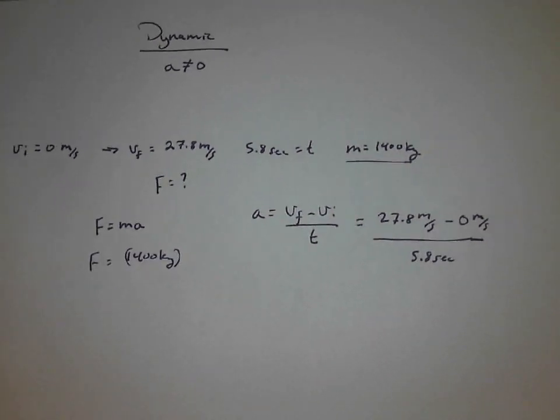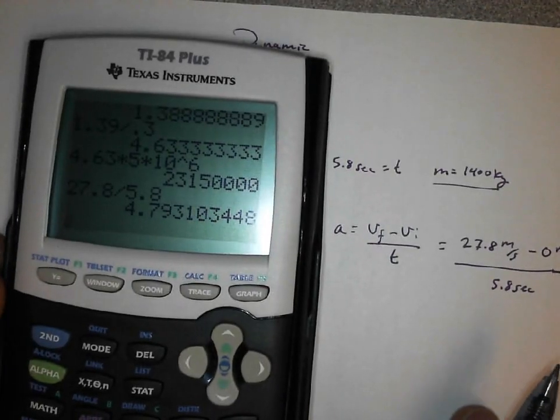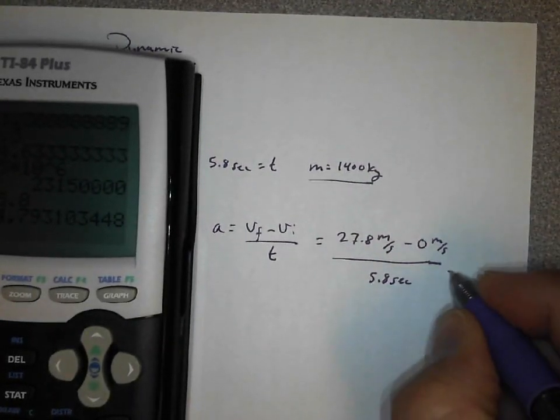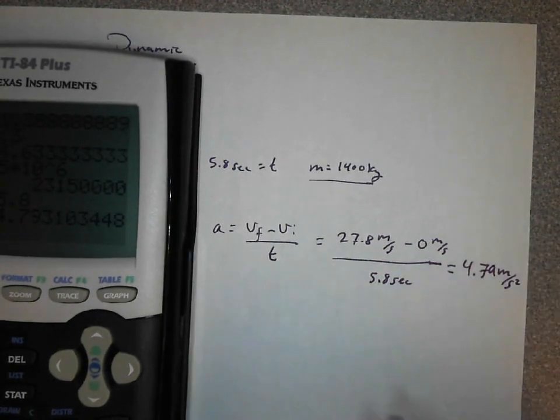Now grab our calculator. 27.8 divided by 5.8, and you're going to get a value of 4.79 meters per second squared.